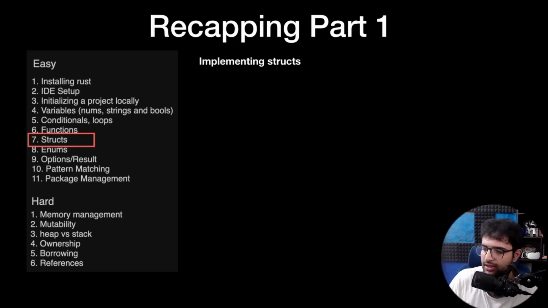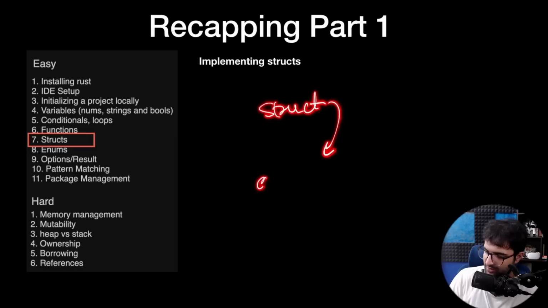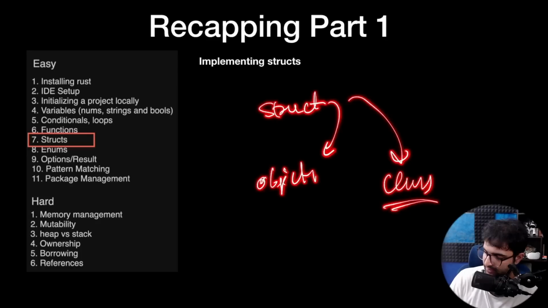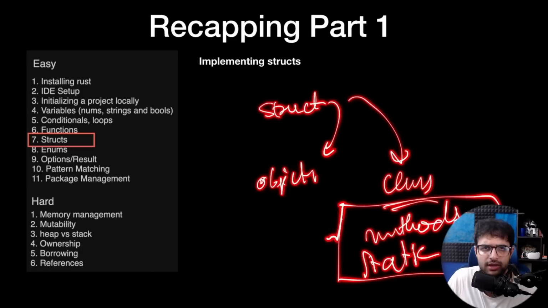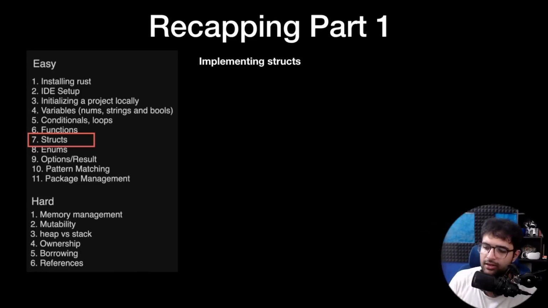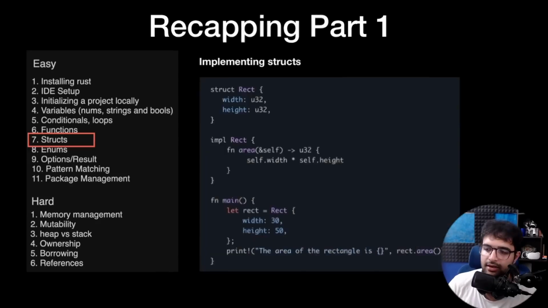But long story short, if you want to compare structs to something in JS, they are closer to objects, but they're even closer to classes, because classes have methods associated with them. Classes have static methods associated with them, and both of these things you can do in Rust as well, or specifically, both of these things you can do using structs in Rust.